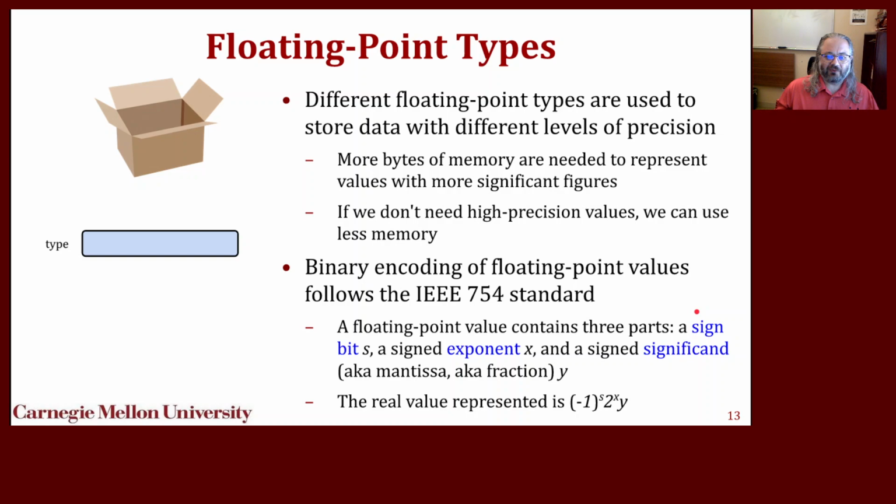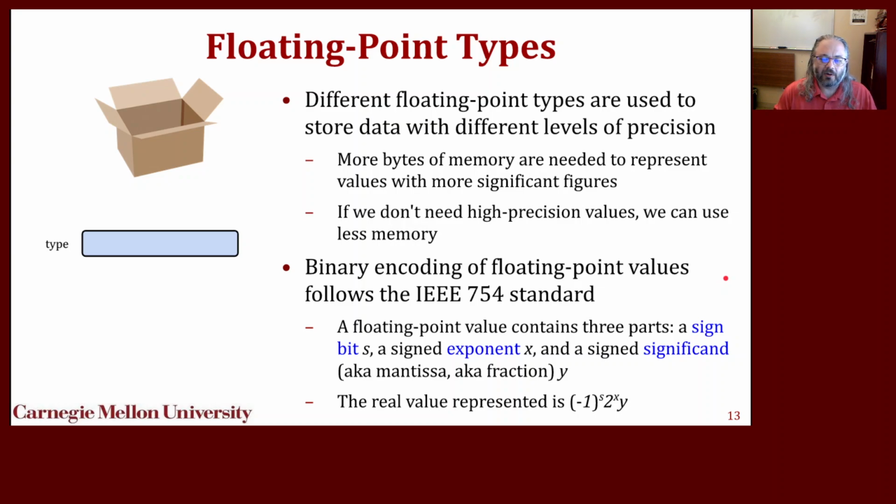All right, let's move on to floating point data types. Floating point data types are used to store real values. We're no longer restricting ourselves to integers. We're now looking at real numbers that have an integer component and a fractional or decimal component.